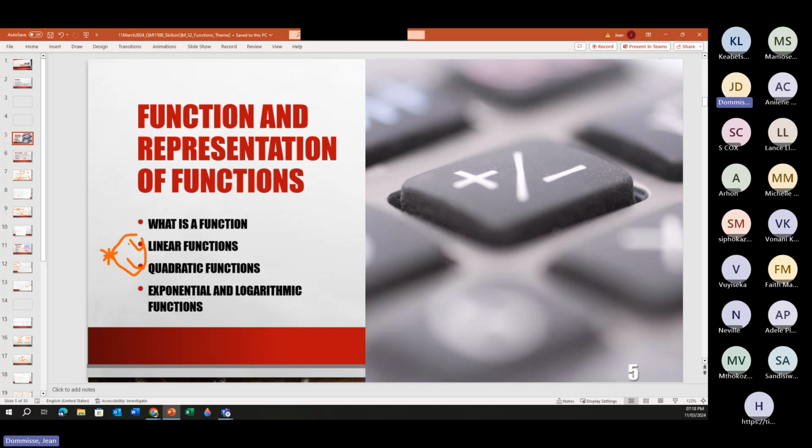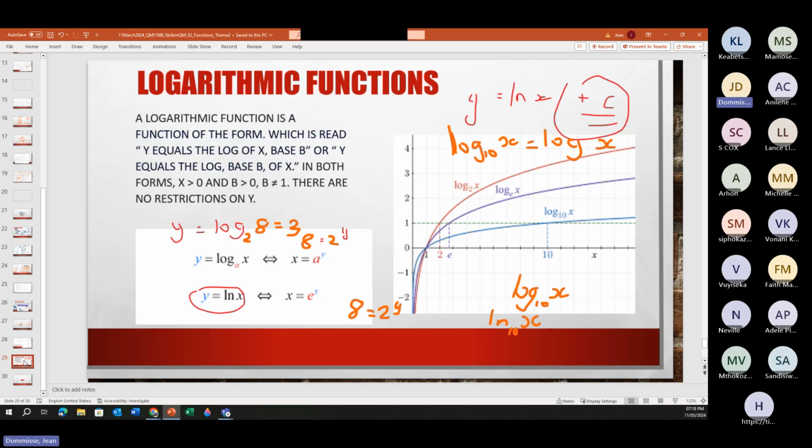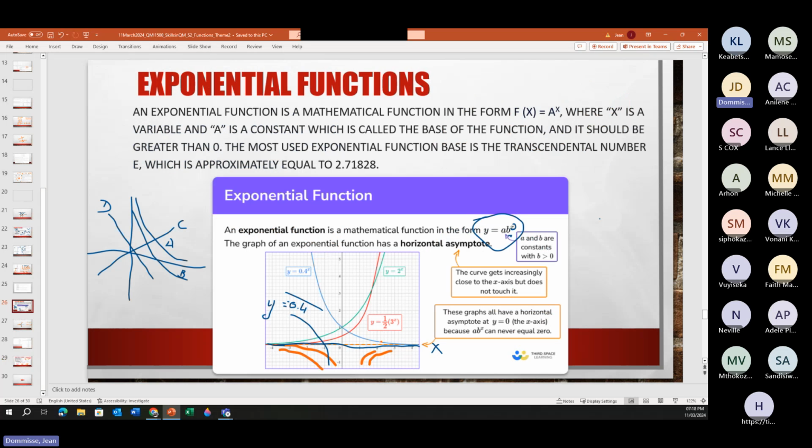If there is something in the exam or in the test, in the assignments on exponential and log functions, it will most likely be in the case where they ask you to solve it. The same nearly for the exponential functions.